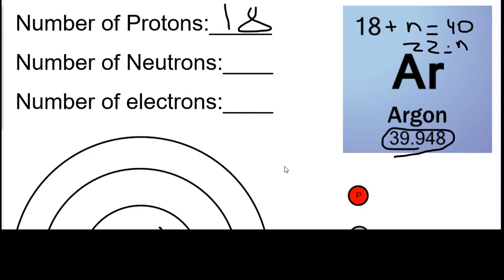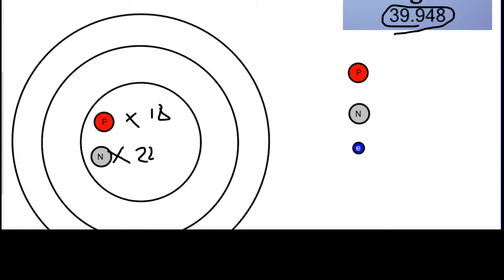How many electrons will we need to keep argon neutral? Well, we're going to need the same amount as protons, so we're going to need 18 electrons. So bringing in the 18 electrons, if I have 2 on this layer and a maximum of 8 on my second layer, 2 plus 8 is 10.